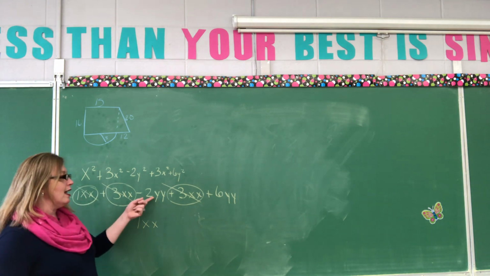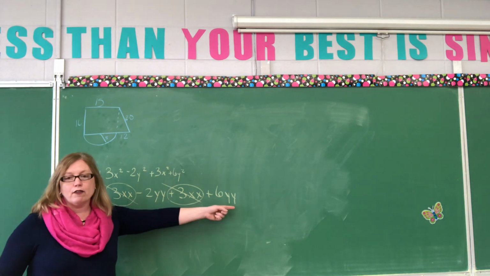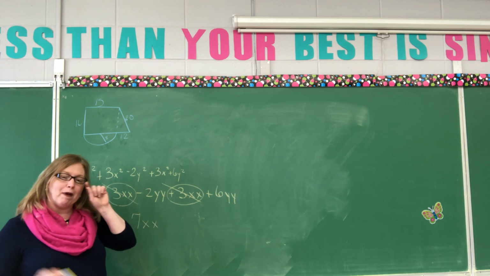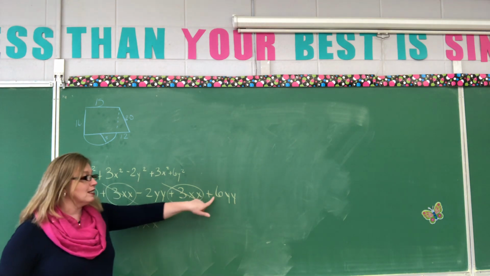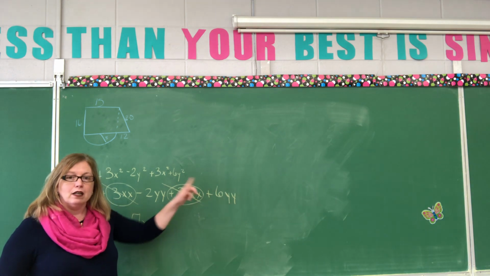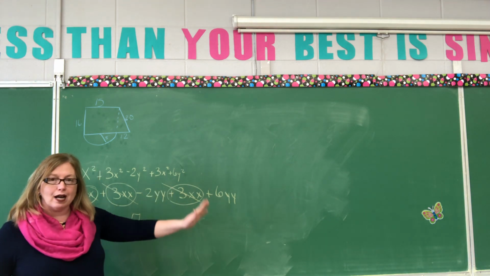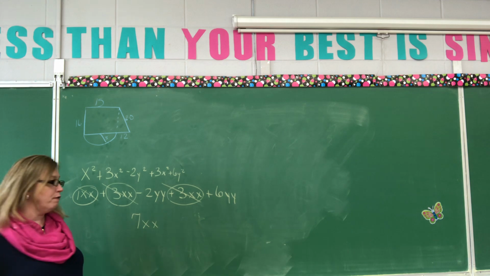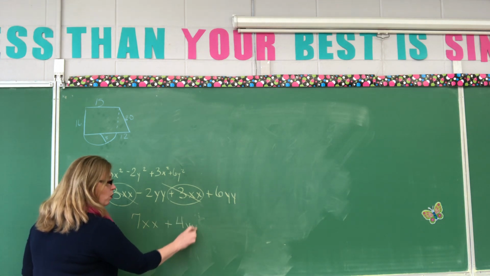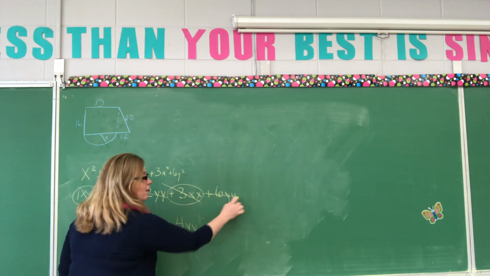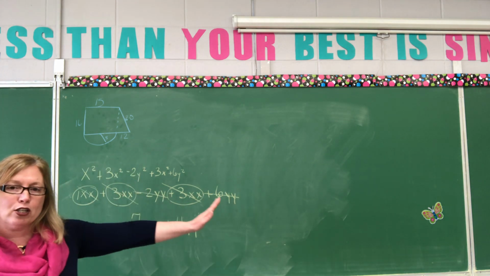What do I have next? I have 2 y's and I have 2 y's. So I'm going to combine these two. So I have a negative 2 plus a positive 6. Negative 2 plus 6 is positive 4. So I'm going to have plus 4yy. Now I've used this one and I've used that. I've used all of my terms.